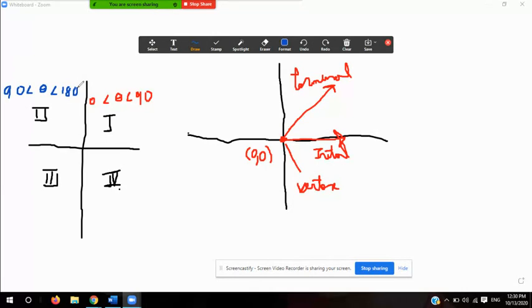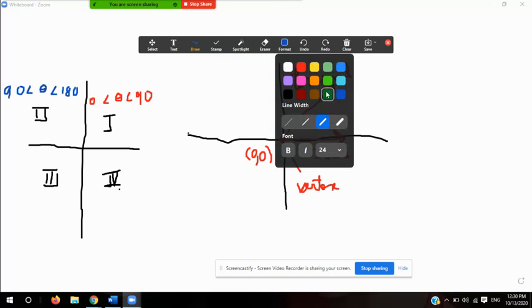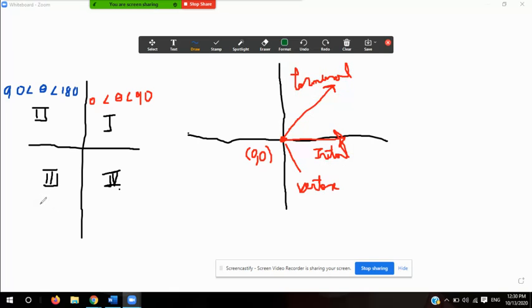Quadrant 3, you'll find angles, or theta. Give me 1 second. Basically, theta is going to be a number greater than 180 but less than 270. So basically angles that go from about 180 to 270 degrees.